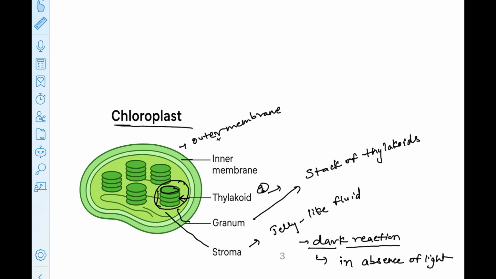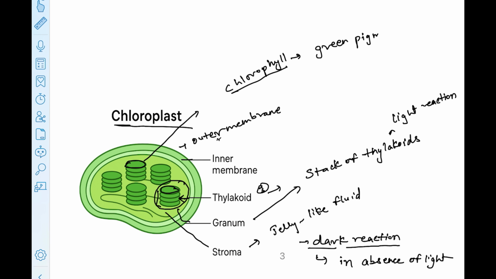So this is where the light reaction of photosynthesis takes place. Okay. Fifth one is thylakoid membrane. So these membranes contain chlorophyll. What is chlorophyll? It is a green pigment that captures light.